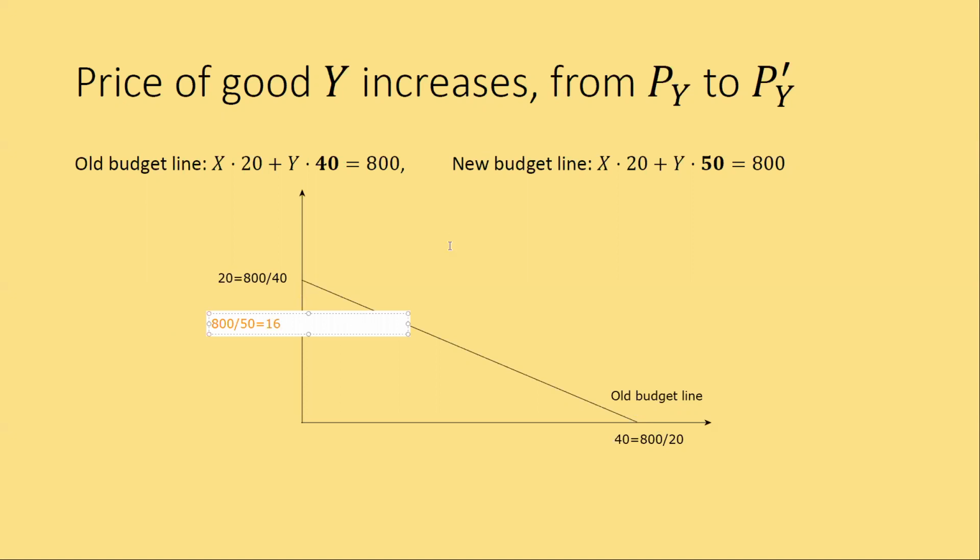That is smaller than 20. So your Y-intercept will become somewhere here, 16, below 20. And as the X-intercept did not change, the new budget line will be a line connecting those 2 points. So this orange line is the new budget line.